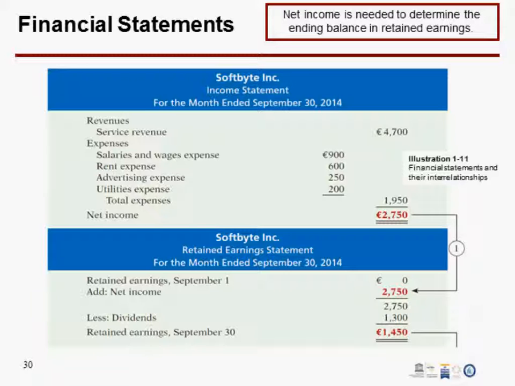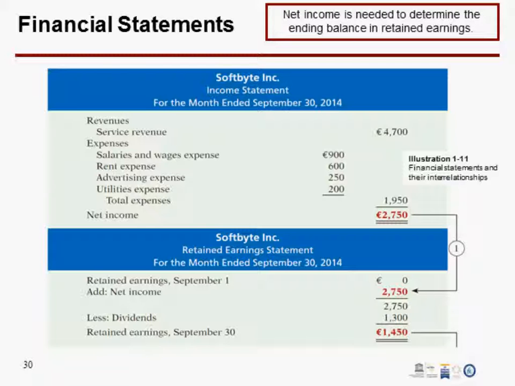Usually, for outside users like investors and creditors and other external users, you have to prepare on a yearly basis. But for internal purposes, you can prepare a 1-month financial statement, no problem. So the income statement reports the profitability of the company's operation over a specific period of time, in this case for SoftBite just 1 month, September.